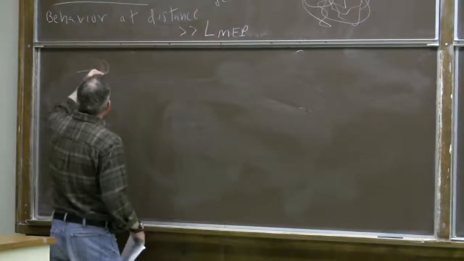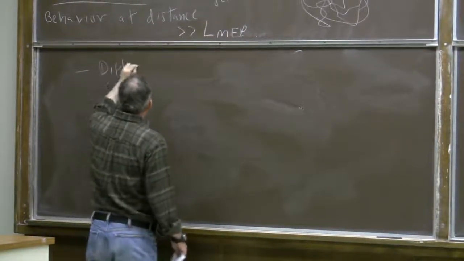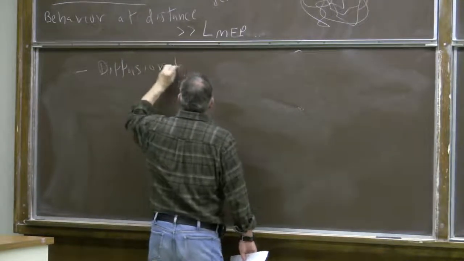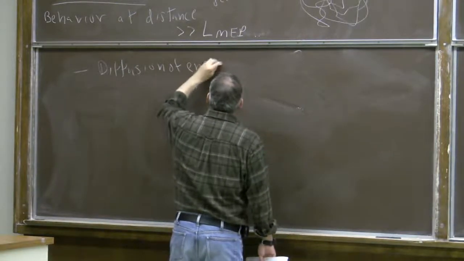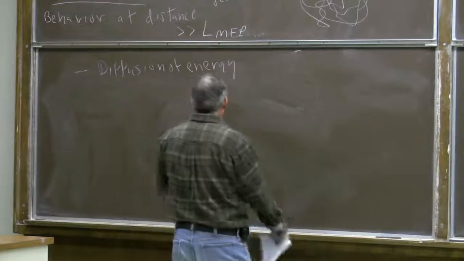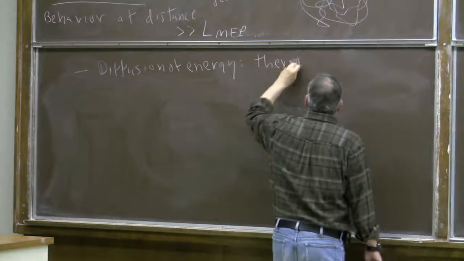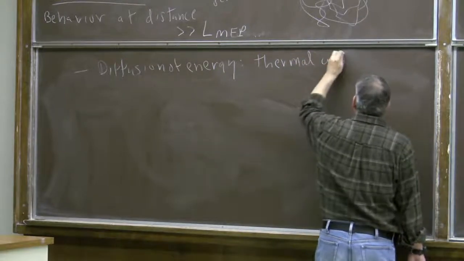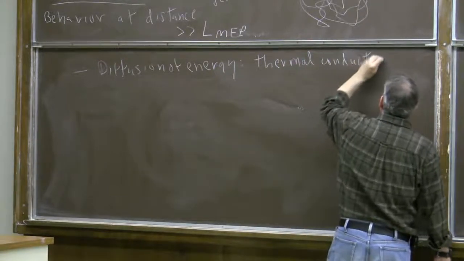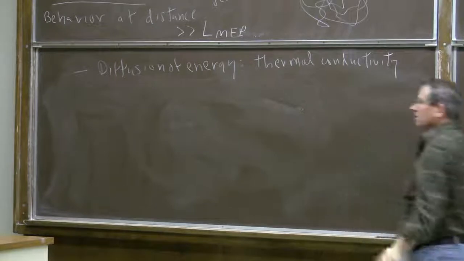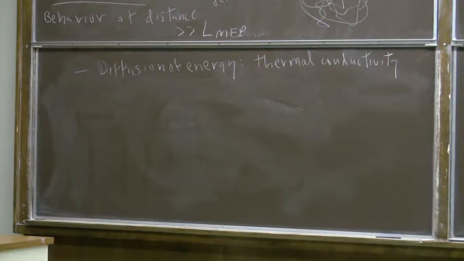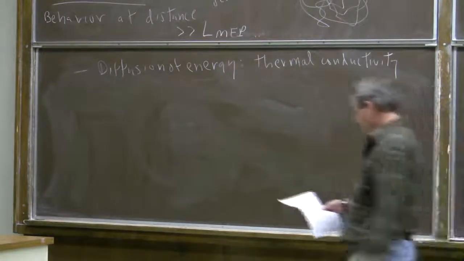So diffusion of energy, that's what we call thermal conductivity. It tells us how quickly high temperature moves towards low temperature in the system.